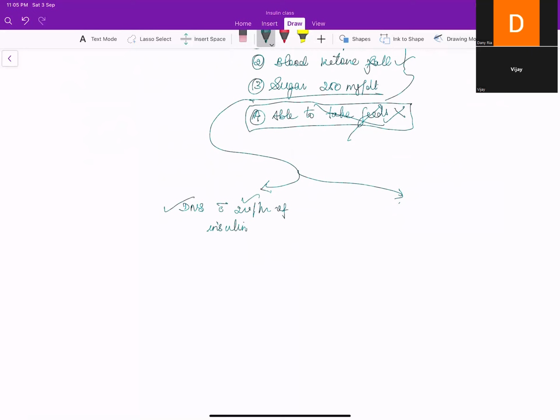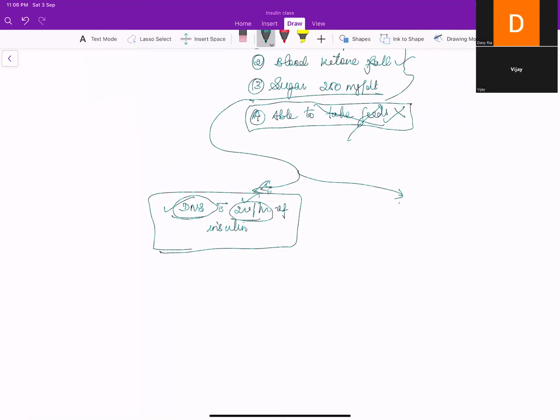This is when the patient is not taking feeds. So this is a continuation of insulin infusion. The patient's sugars have fallen, but he is not able to take feeds now. We are continuing insulin infusion, but when sugars fall below 250, we have to supplement sugars also. So we are giving a sugar-based solution plus 2 units per hour of insulin infusion.